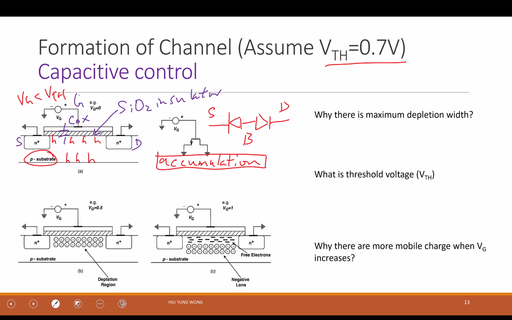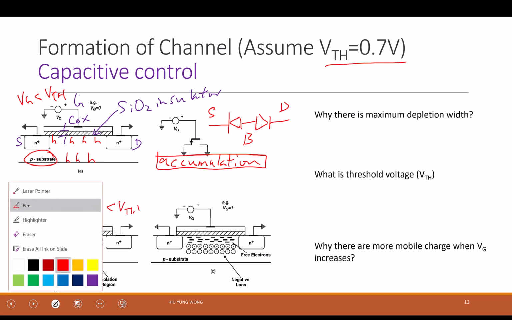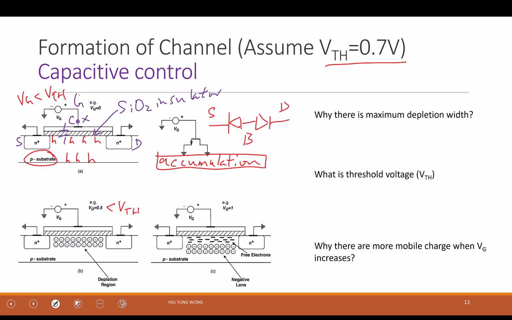Okay, so then we decide to start increasing the gate voltage. Now this gate voltage is 0.5, which is still less than Vth. What will happen? When I start increasing the gate voltage, it becomes less attractive to the holes, right? Because increasing the gate voltage means the potential keeps increasing. It's like a pond, a lower land, you keep attracting the water.